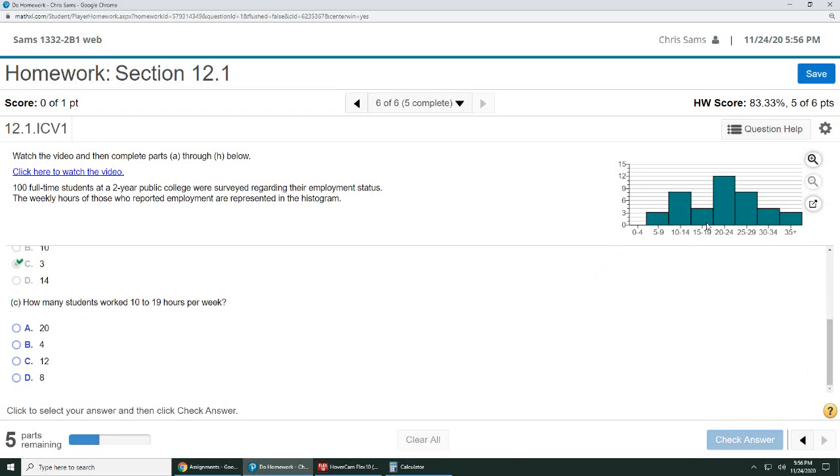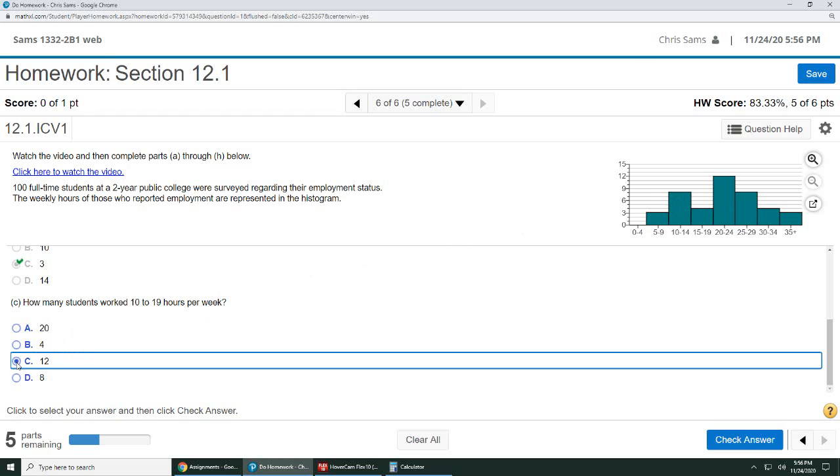So 10 to 19 would start in this group and go all the way up to this group, so we need to add those two categories. There was 8 here and 4, so 8 and 4 gives us 12.